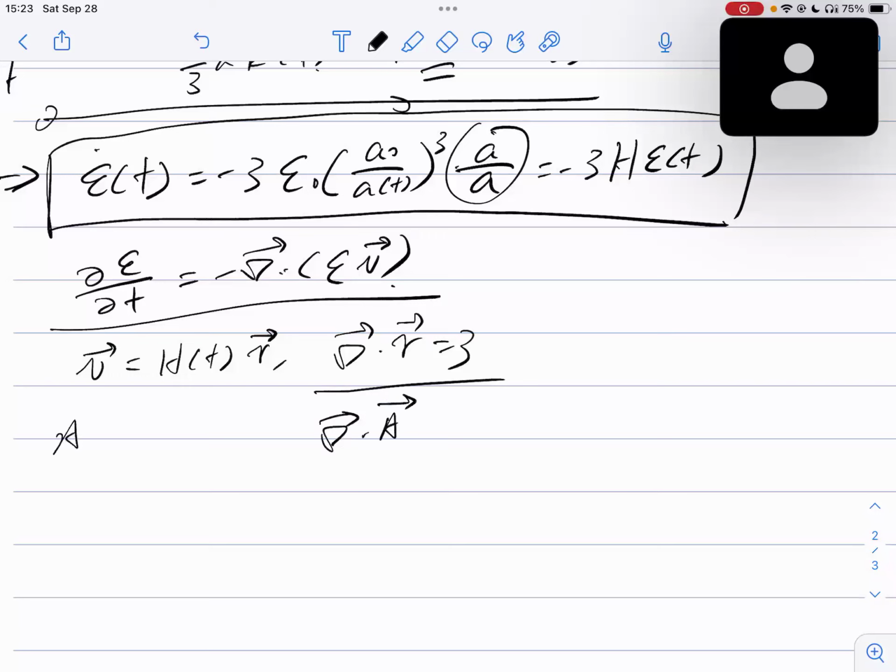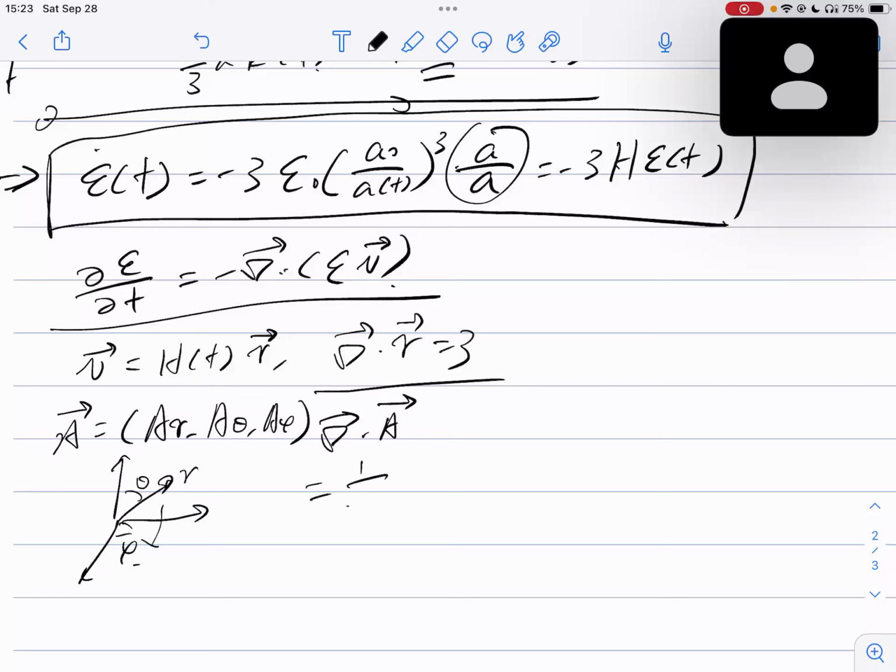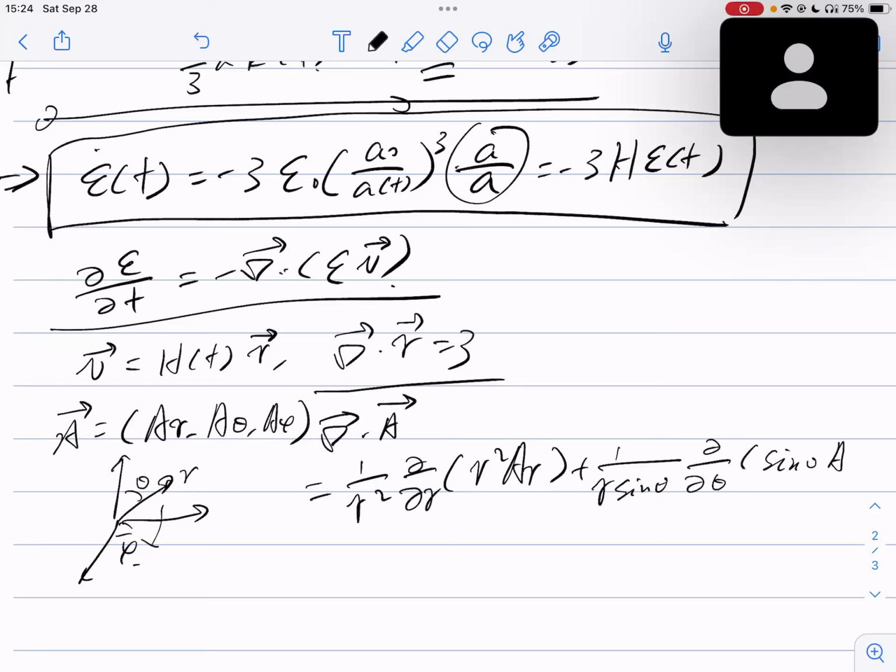For example, for a vector A with three components A_r, A_theta, A_phi in spherical polar coordinates, the divergence equals 1 over r squared times partial r squared A_r over partial r, plus 1 over r sine theta times partial sine theta A_theta over partial theta, plus 1 over r sine theta times partial A_phi over partial phi.